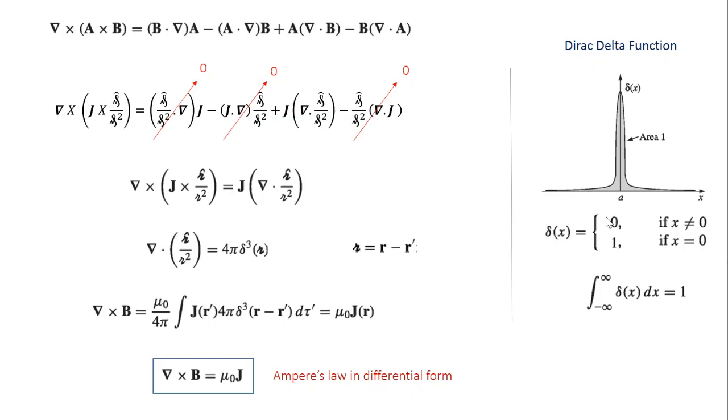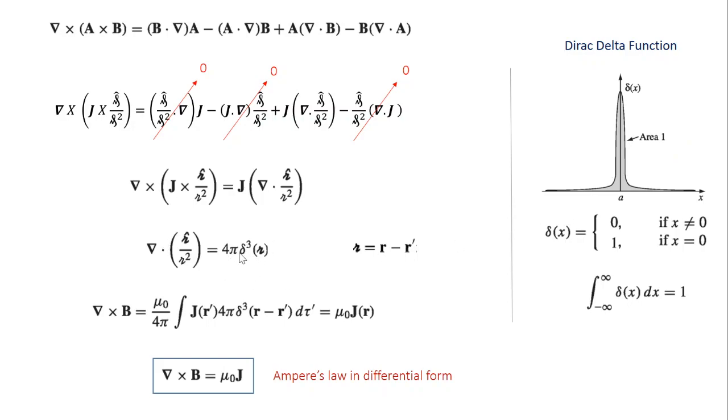And because of the particular nature of this function, if you integrate it from minus infinity to plus infinity, the value is going to be 1, because only at this point the value of the function is 1, everywhere else it is 0. So when you do the total integration, the final sum should amount to unity. That's about a one-dimensional Dirac delta function.